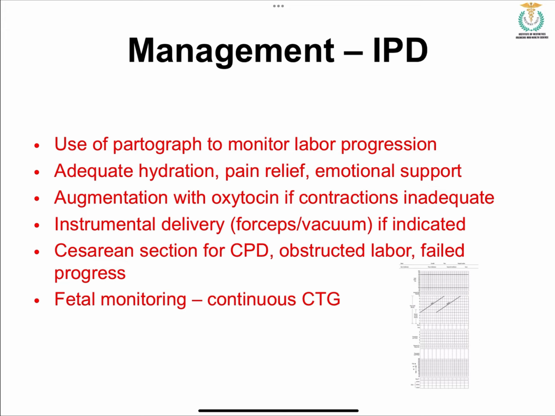Epidural modification may help. Consider operative vaginal delivery if the head is low and criteria are met. Fourth, if there is arrest despite adequate contraction, discuss with the senior. If there is no response to augmentation and no reversible causes, proceed to cesarean section for arrest of labor. So that is what you can do at the IPD level.